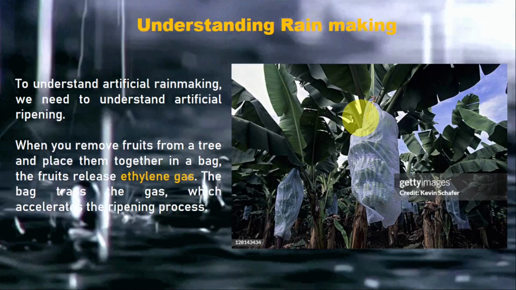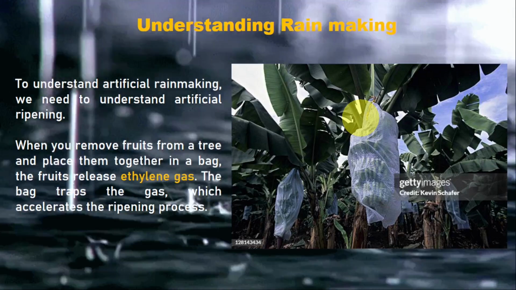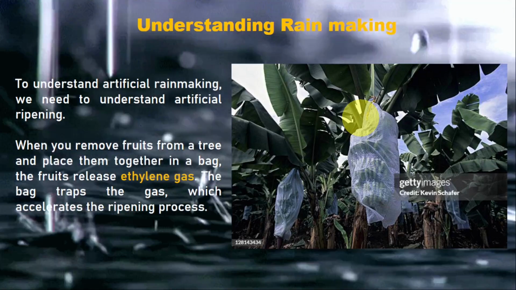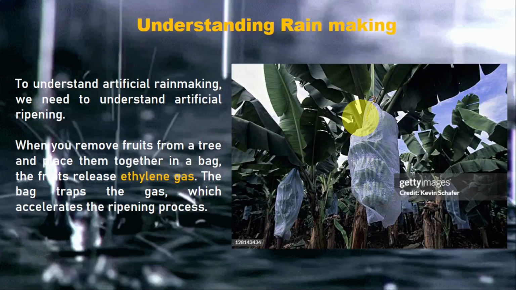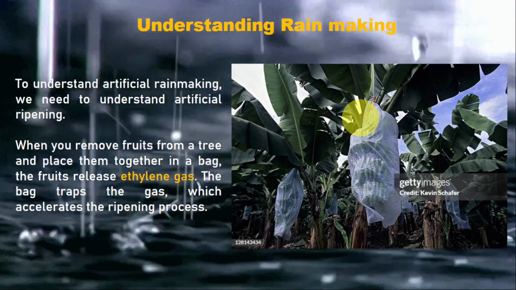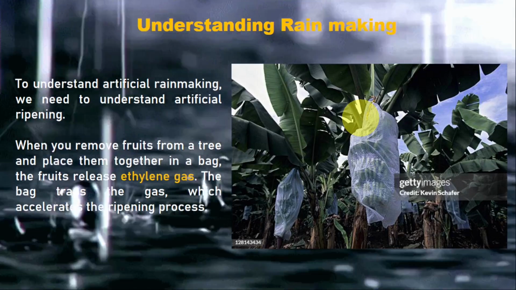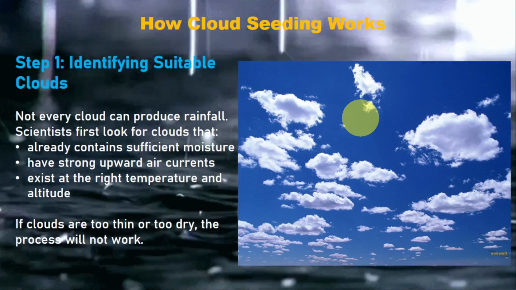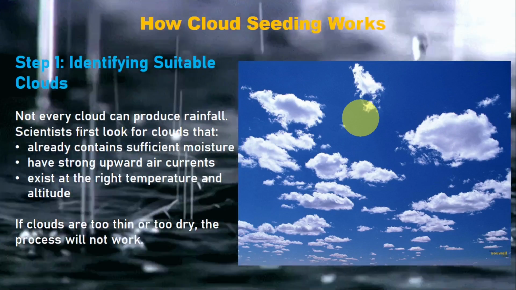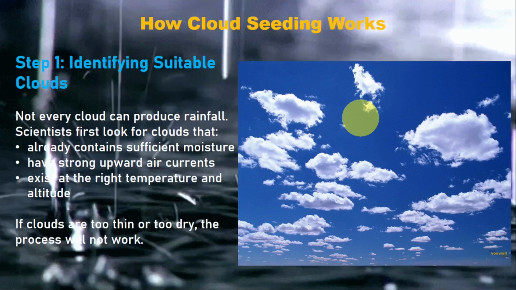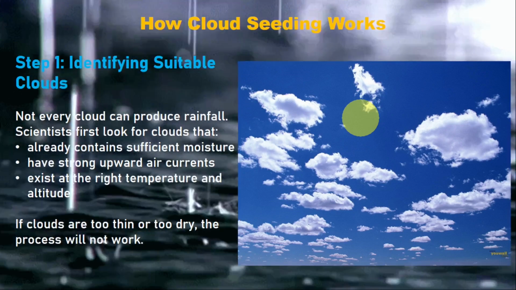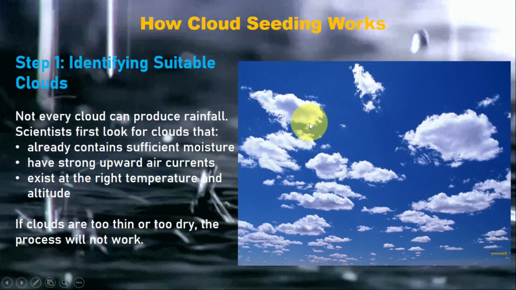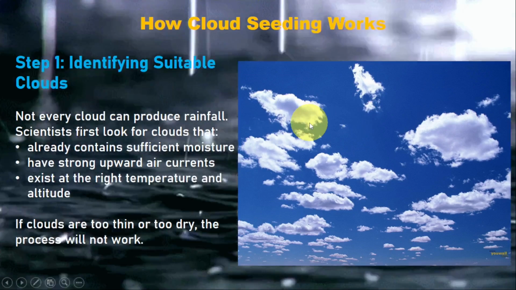This is the same way we artificially accelerate the ripening of fruits. That is the same way we artificially accelerate rainfall. So now this is how cloud seeding works.